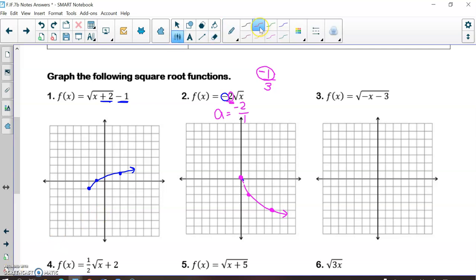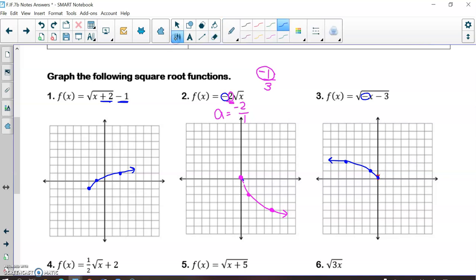Okay, looking at number 3, drawing in my parent function, we're going to do this one step at a time. Our first transformation is a reflection over the y-axis. So transforming all of these over the y-axis like so, I can now erase my red parent function.